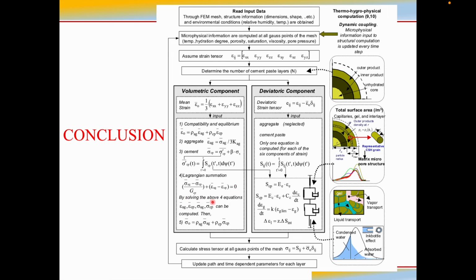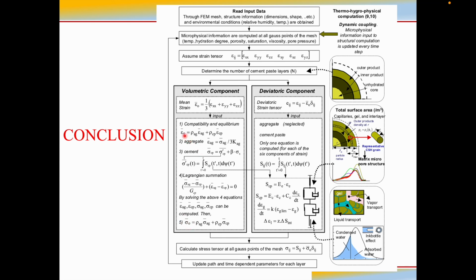By solving these 4 equations, we can get the strain of aggregate, strain of cement paste, stress of aggregate, and stress of cement paste. And then finally we can calculate the stress that acts on the concrete.